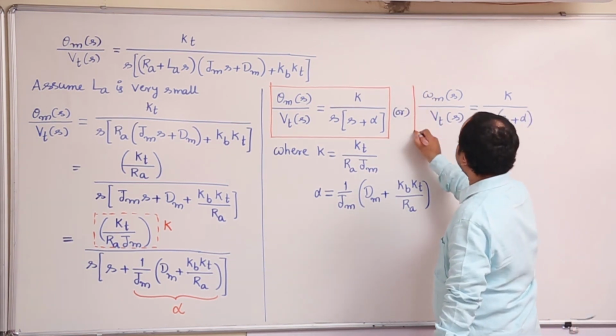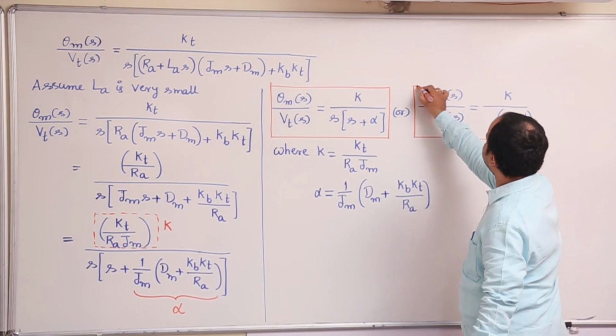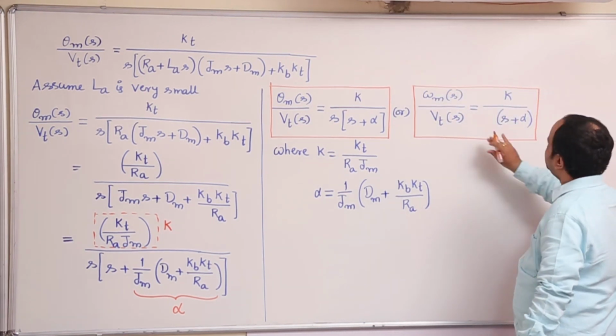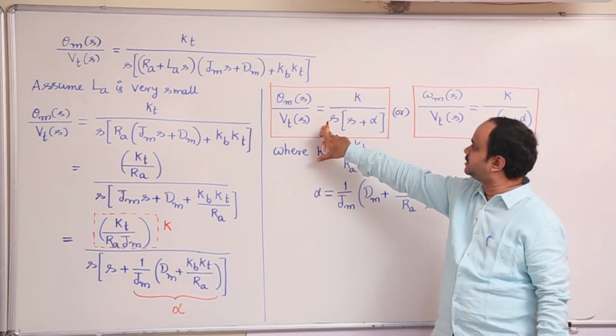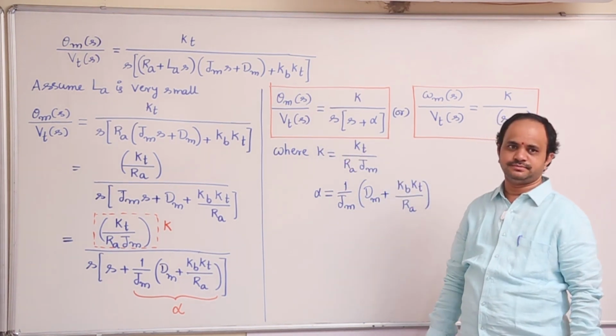So here the speed control transfer function is a first order function and the position control is a second order transfer function.